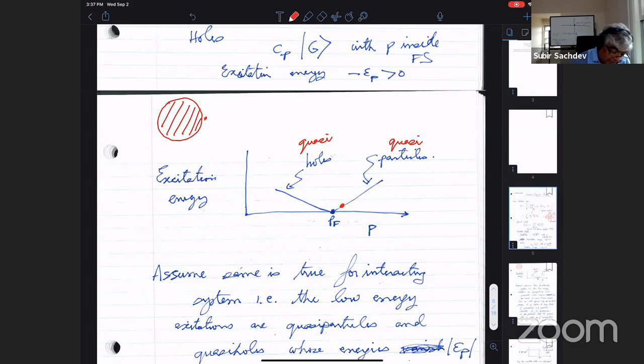So what this particle can do, it can scatter from here to there. You have to imagine that it's got to lose energy, otherwise nothing else will be allowed. And then some particle inside, you could take a hole here. It leaves behind a hole, and it gets scattered to a particle-like state over there.